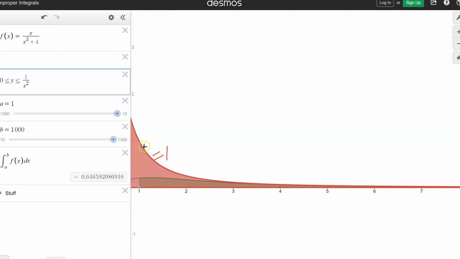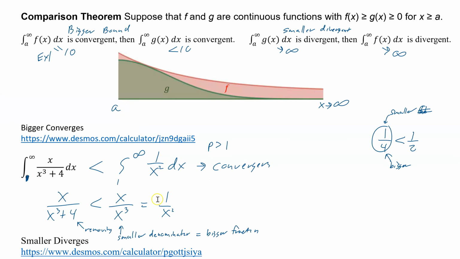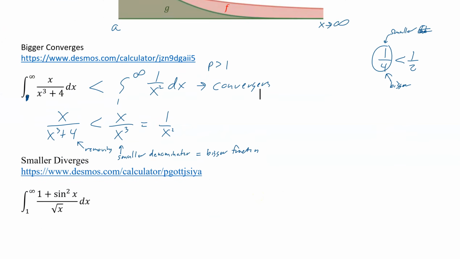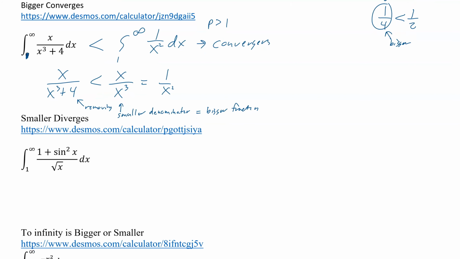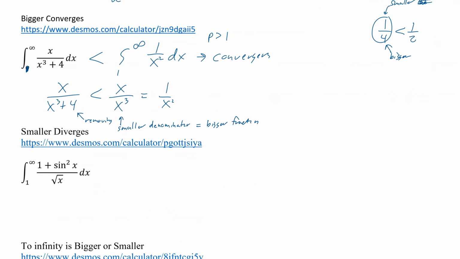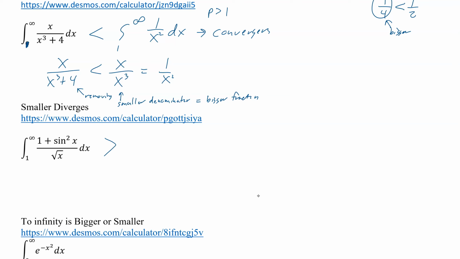So if we find something bigger than it and it converges, then so does the one below it. So if you're looking for convergent, find something bigger. And vice versa, if you're looking for something that diverges, we want something that is smaller. So if we can find something smaller that will diverge, then the function that's bigger also has to diverge.